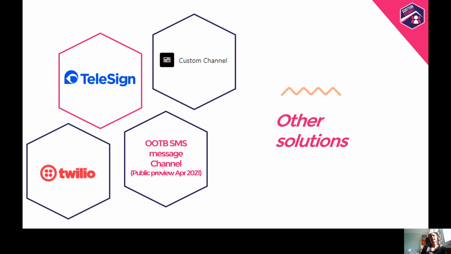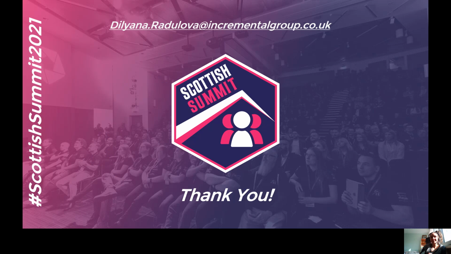And then last but not least, it's something we don't know too much about just now, but it has been announced that as part of the next release, so Wave 1 2021, Microsoft is introducing an out-of-the-box SMS Message Channel. It gets into public preview in April 2021, so that's definitely something I'll probably be showing you in one of the events we'll do later on this year.